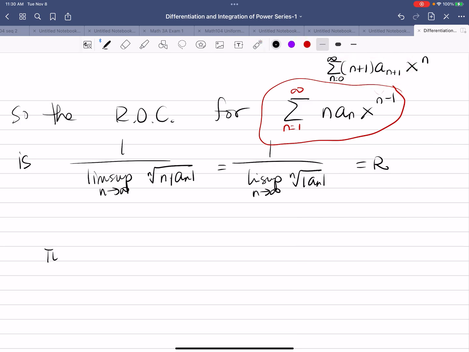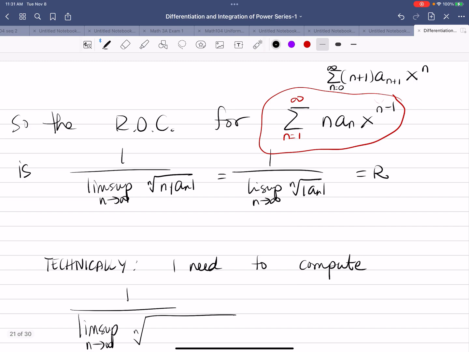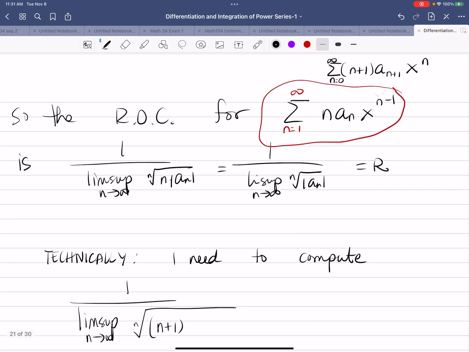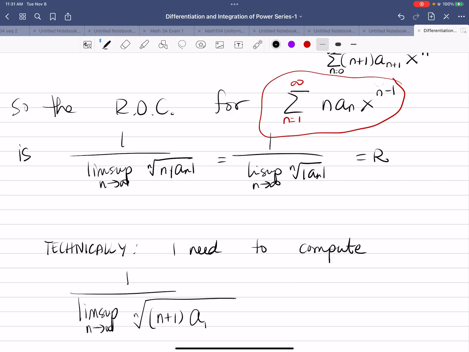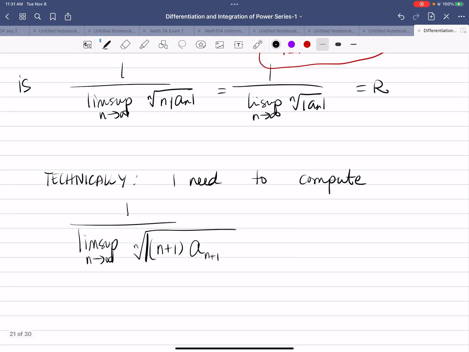So technically, I should be looking at one over lim sup nth root of n plus 1 times a sub n plus 1, right? And then the absolute value of that.